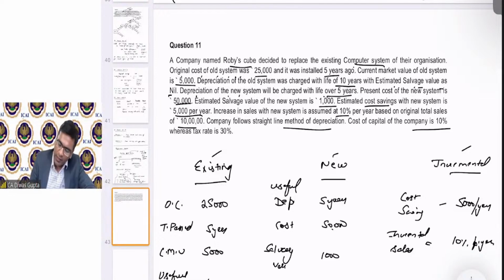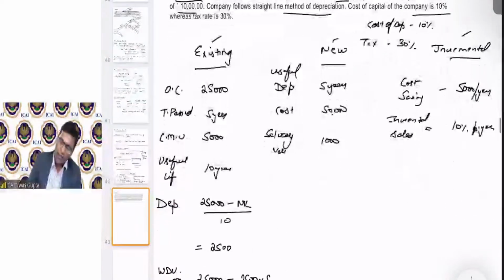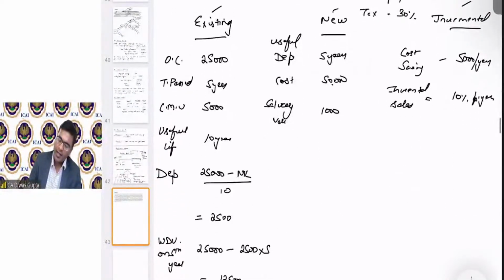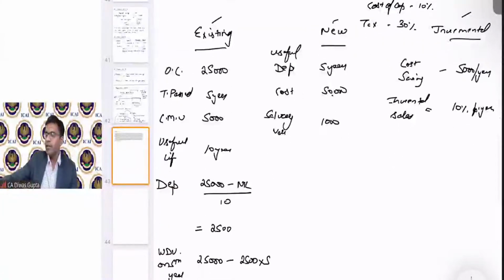Cost of capital of the company is 10% and tax is percent. Now we are required to assess whether we have to change this or not. Okay, students, so these are points that we have to remember. We will keep on using this as and when needed. Okay. Now let us come to the solution.